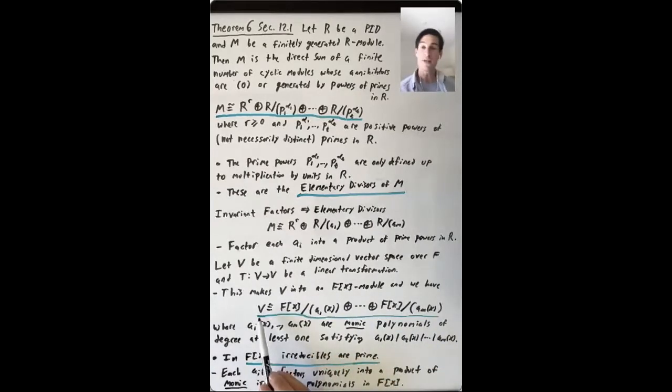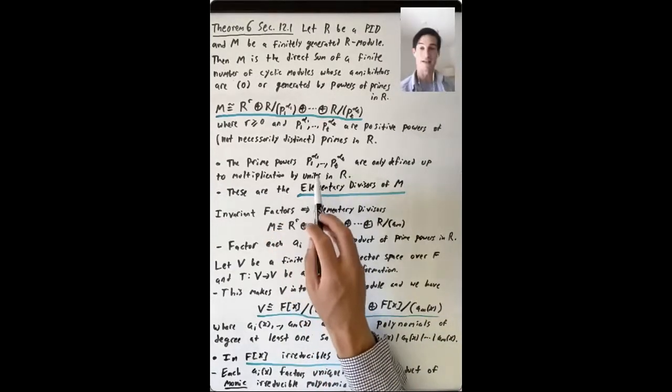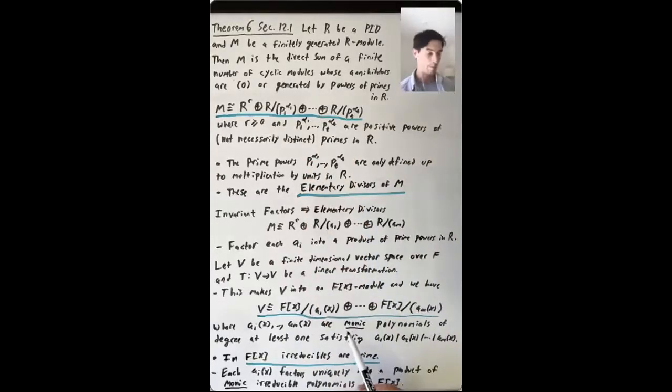Well, we know the invariant factor decomposition of V says that V is isomorphic to F[x] mod the ideal generated by a1(x), direct sum, and so on, direct sum F[x] mod the ideal generated by am(x), where a1 up through am are monic polynomials of degree at least 1, satisfying the divisibility relations a1 divides a2, a2 divides a3, and so on. Once we suppose that these polynomials are monic, they are uniquely determined by this decomposition. You don't have to worry about multiplication by units.